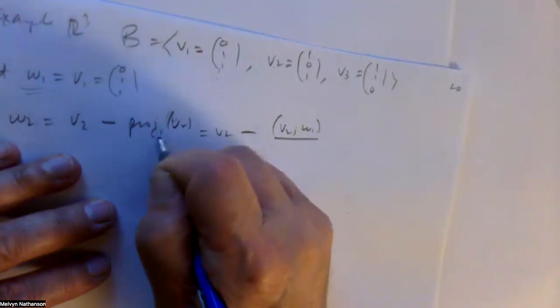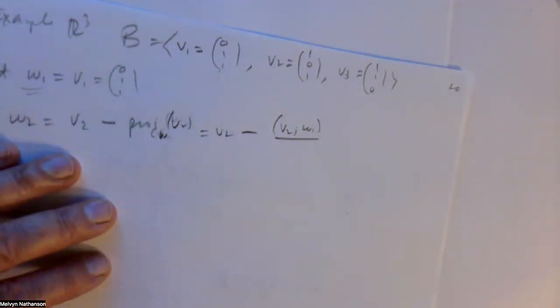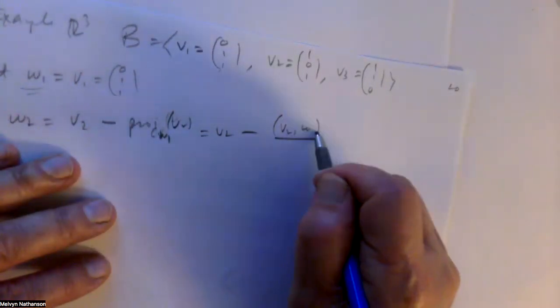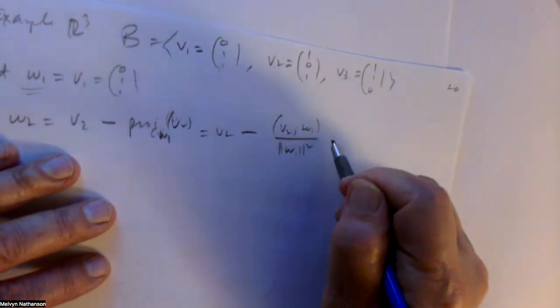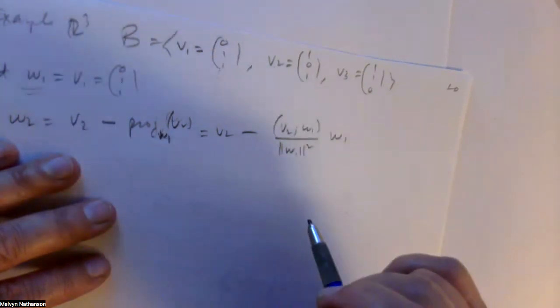The projection of V2 in the direction of the previous vector W1 is the inner product of V2 and W1 divided by the length of W1 squared, times W1.